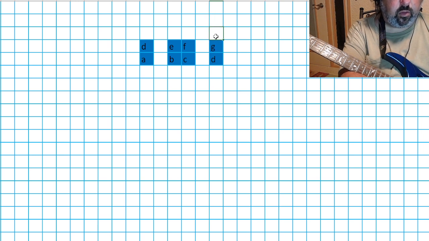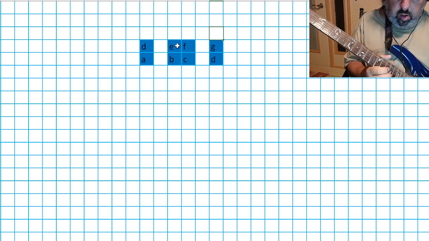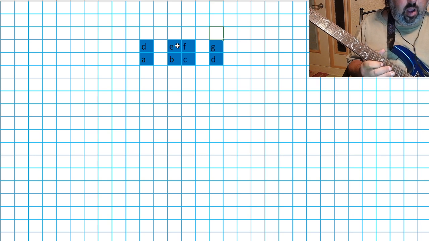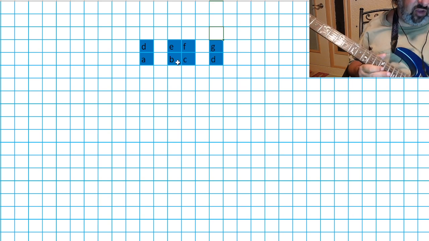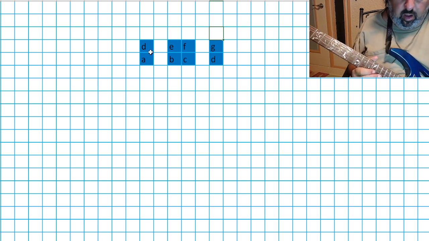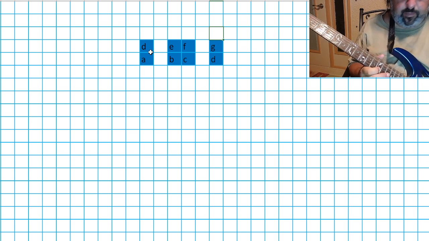Although we're going to consider this the high E string right here. So if this was the high E string and I was just playing E Dorian. Now, the notes are different because I used the C major scale to show you that. But E Dorian is part of the D scale.